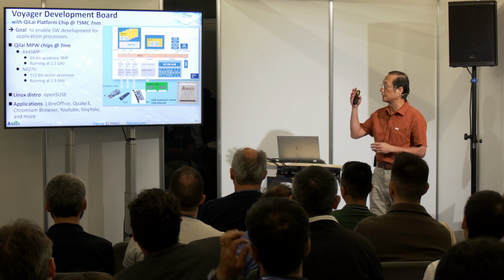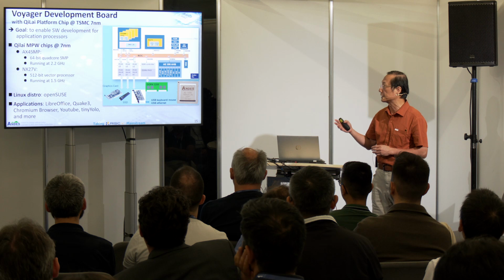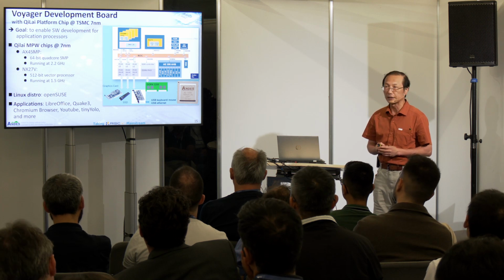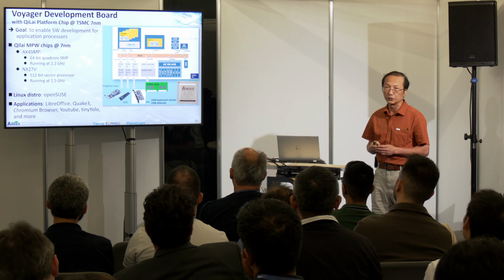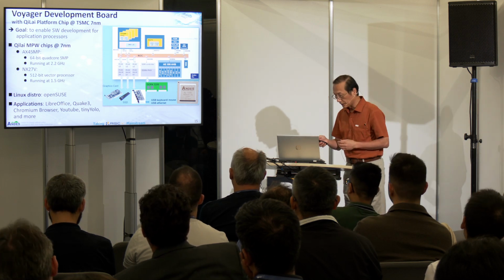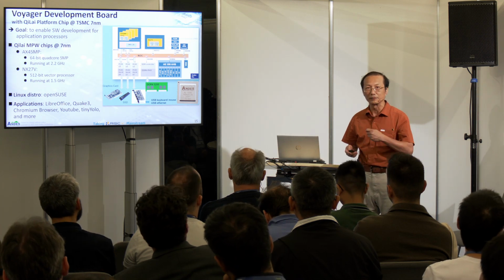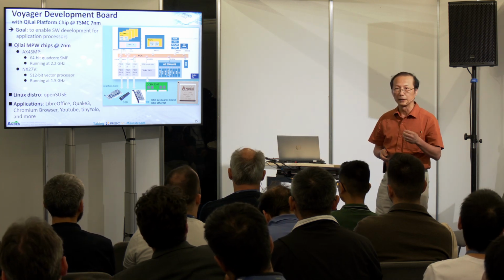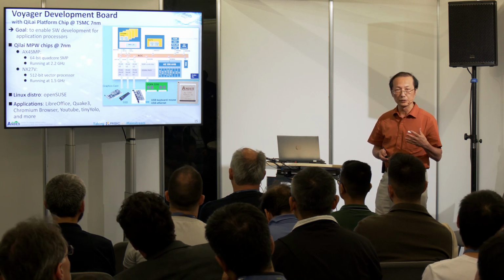It comes with the Andes AX45MP 4-core processor and NX27 vector processor. It runs 2.2 gigahertz on the board. So take a look at it. We are an IP vendor, but we like to show you that our chip, our core can demonstrate and enable the software porting.